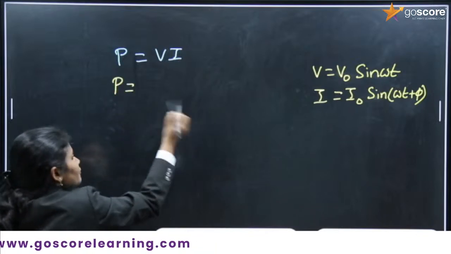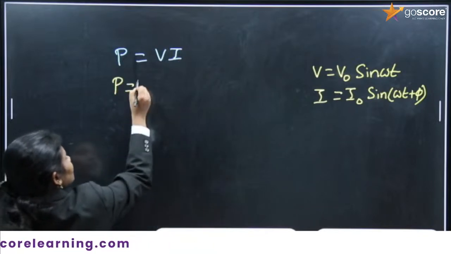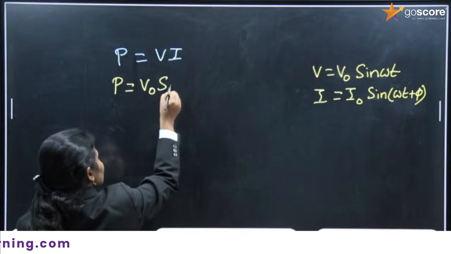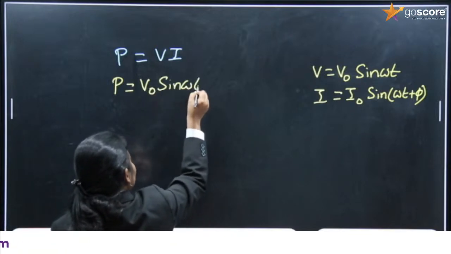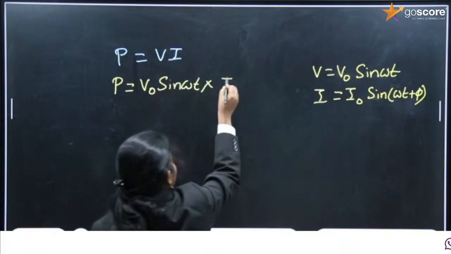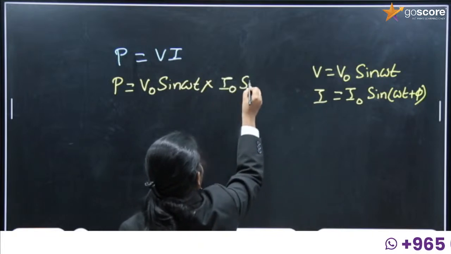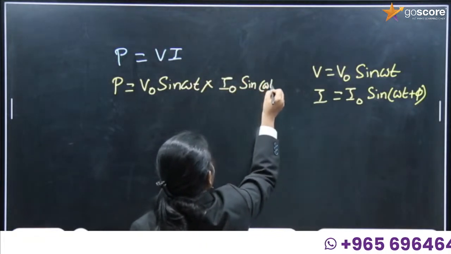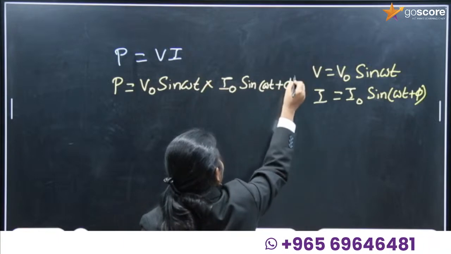Substitute V and I here: P is equal to V naught sin omega t into I naught sin omega t plus phi.